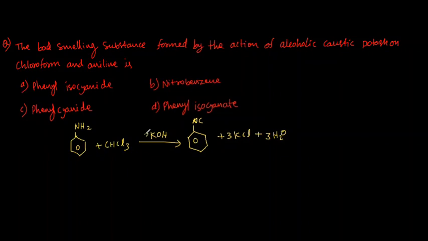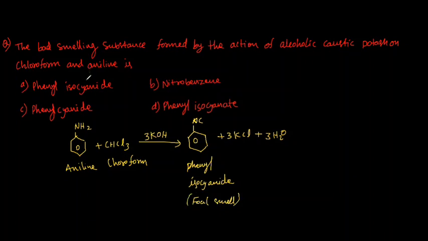Here 3 moles of KOH are taken. Aniline reacts with chloroform in the presence of caustic potash to form phenyl isocyanide. It has a foul smell. The right answer is phenyl isocyanide.